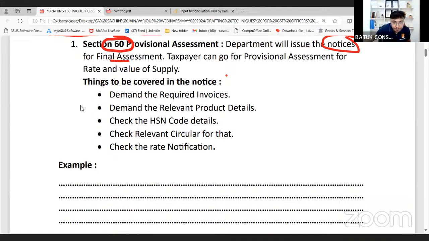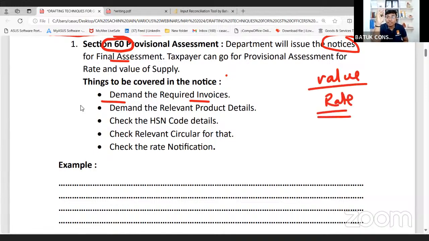First, demand the required invoices, because मैंने आपको बोला, in case of provisional assessment, the taxpayer is not able to decide the value and the rate of a particular supply. So when the departmental authority is going to finally assess the liability, the foremost document required for doing the assessment is the invoices, because from those invoices the departmental authority can get the idea about the HSN code of that particular product.